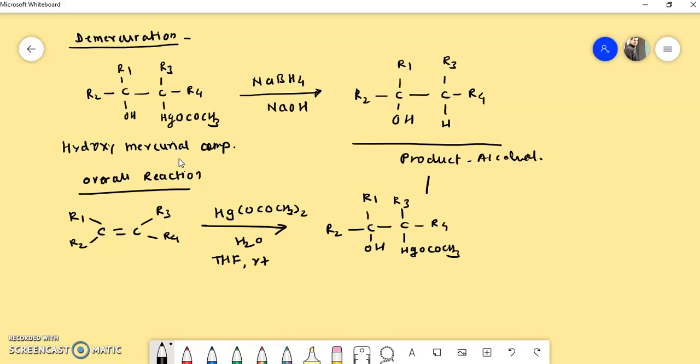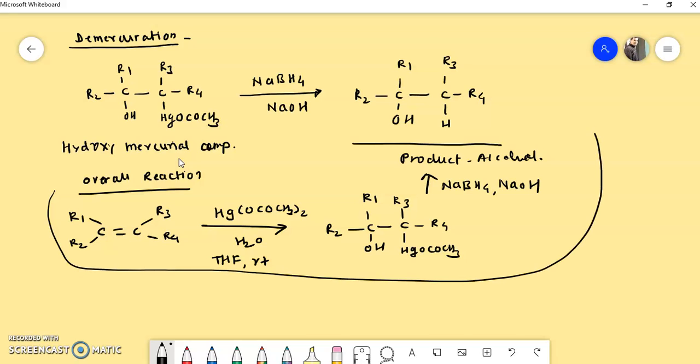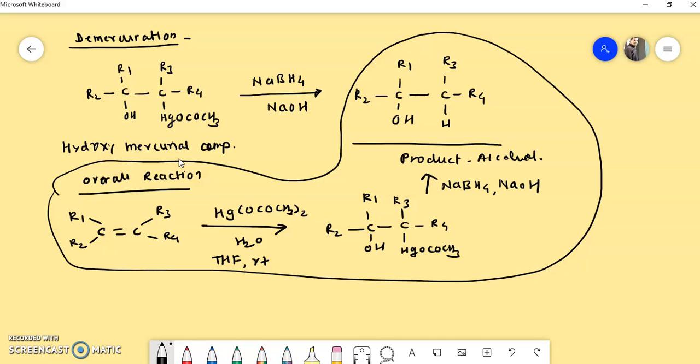And this is converted into this in the presence of NaBH4 and NaOH. So this is the overall reaction from here to here. Alkenes are converted into alcohol by using this process. This first step is known as oxymercuration, and this second step is known as demercuration.